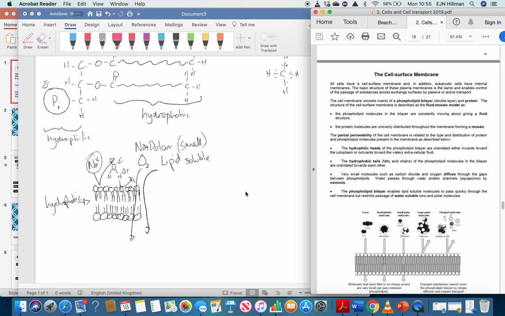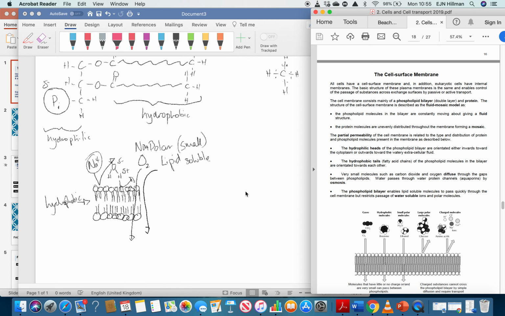There is a higher concentration at this end compared to a lower concentration at this end. Overall, the movement of those particles will be from the high concentration towards the low concentration until an equilibrium is reached. An equilibrium is where there is no concentration gradient.